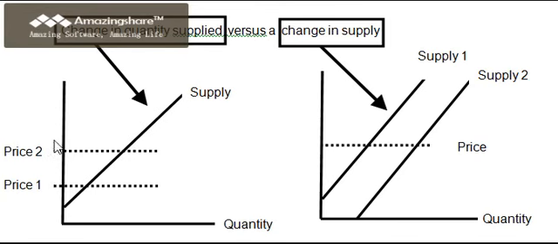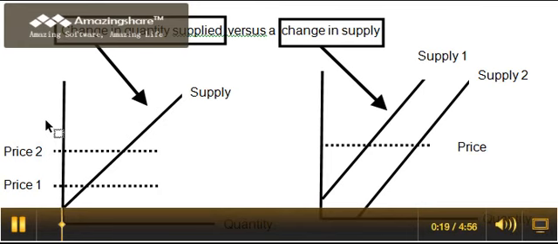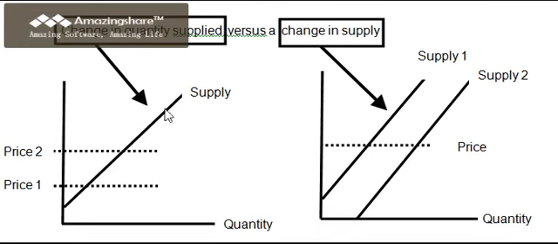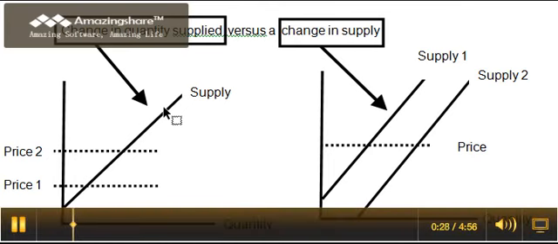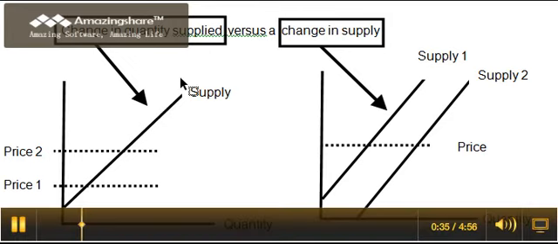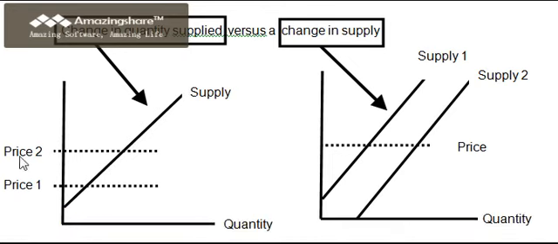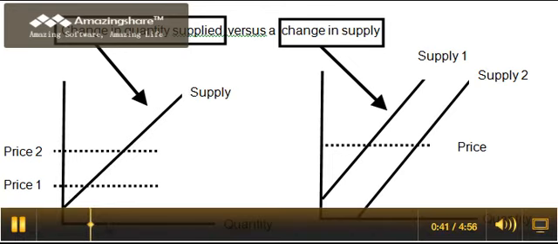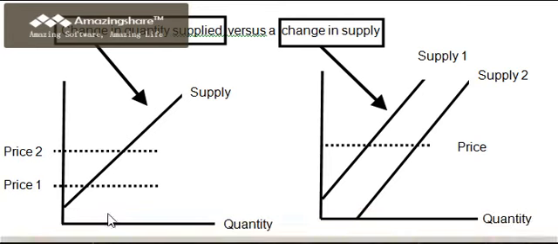Where in demand we were looking at an inverse relationship, in supply what we're looking at is a supply curve with a positive relationship, meaning as price goes up from price 1 to price 2, quantity increases as well. Price goes up and quantity goes up.